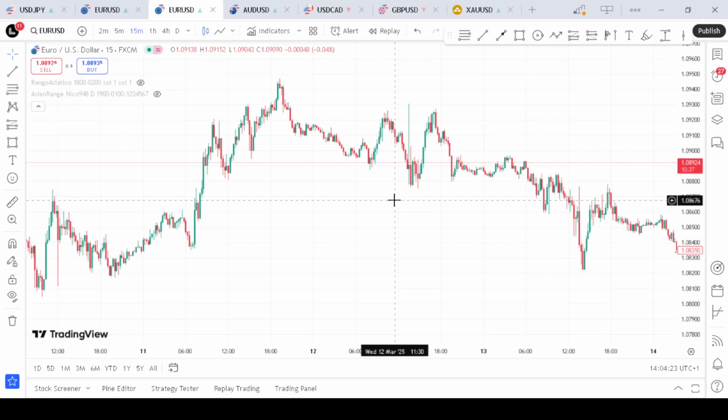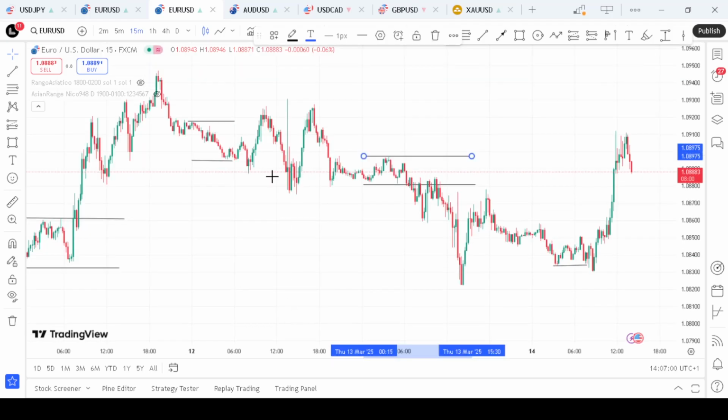These two extremes, the high and low reached during the session, form what we call the Asian range. By marking out these levels on your chart, you create important reference points that will guide your trading decisions.